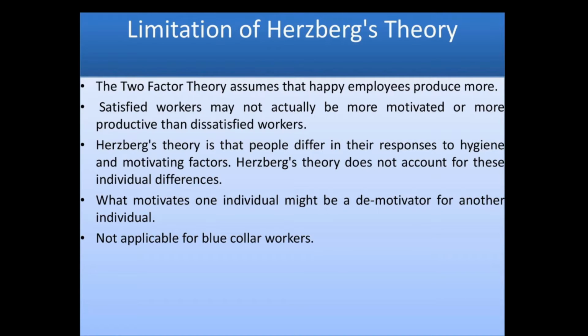No. Apart from salary, that is actually satisfaction, he has told. If I am giving salary, you should keep on working? No. People will be dissatisfied because of some other reasons also. That is what he has told. Salary alone, you cannot make the person happy. Apart from that, there are many other conditions where people are dissatisfied. That is how he has classified satisfaction and dissatisfaction according to Herzberg's theory.